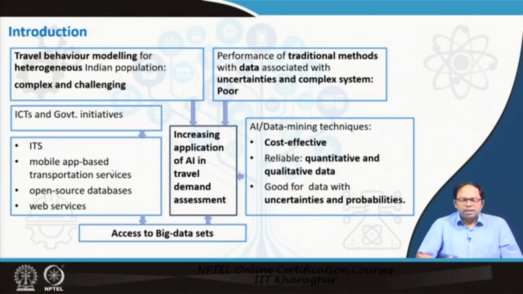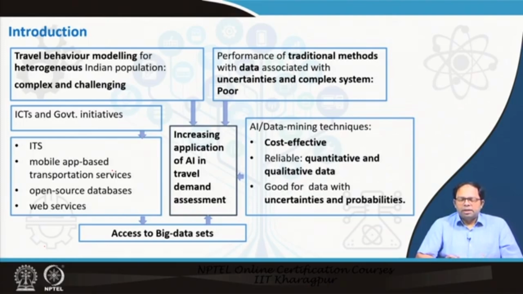So, there is a chance to introduce a new kind of analysis technique, which is artificial intelligence, in travel demand assessment particularly. The reason is these are cost effective data mining techniques. Of course, we can work with a huge amount of data, we can find trend patterns among those data, and this can be done in a very cost effective manner.